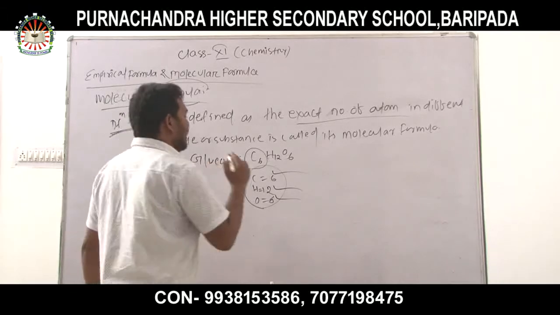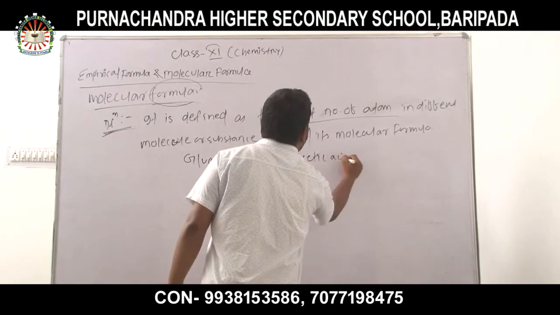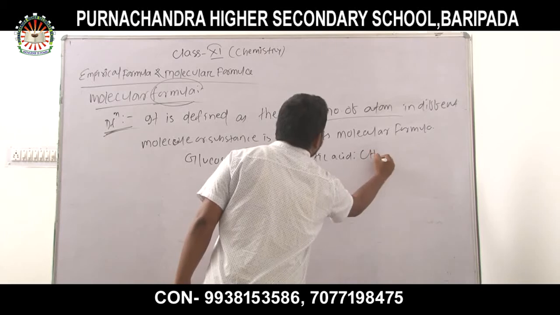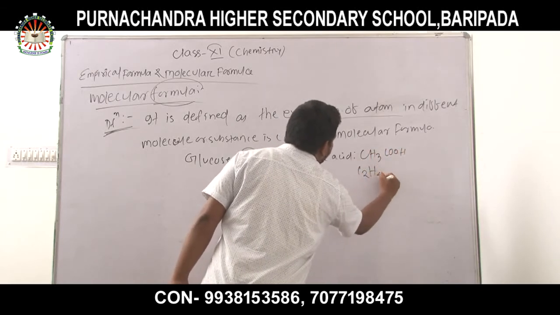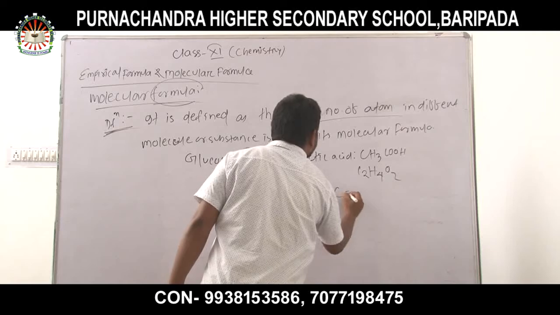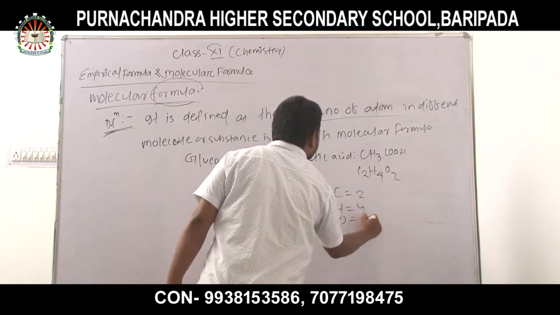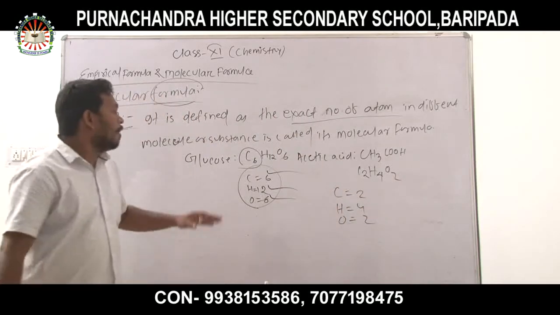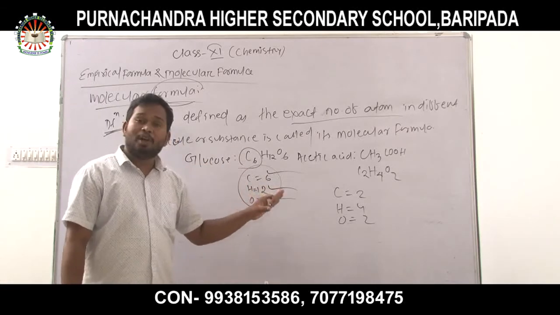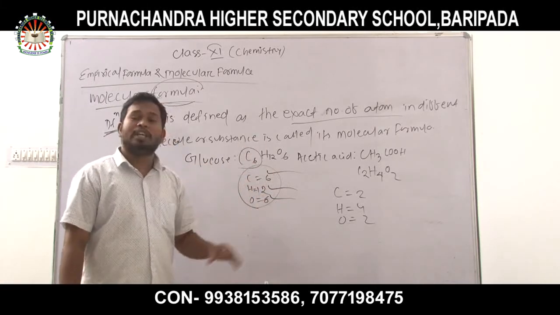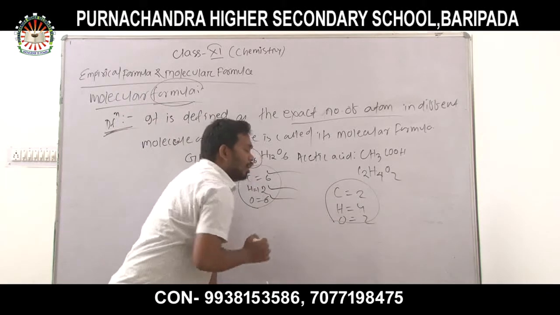Similarly, in acetic acid, the formula is CH3COOH, that is C2H4O2. In acetic acid, the exact number of carbon atoms is 2, hydrogen atoms is 4, and oxygen atoms is 2.